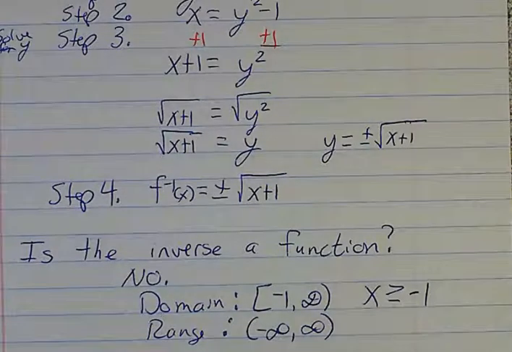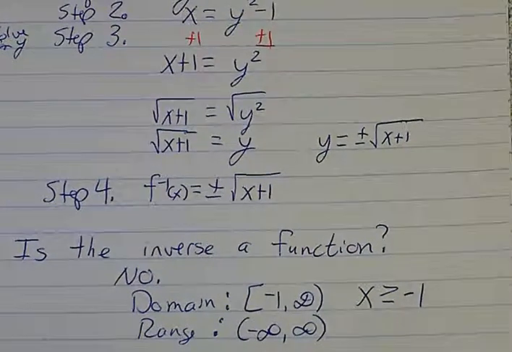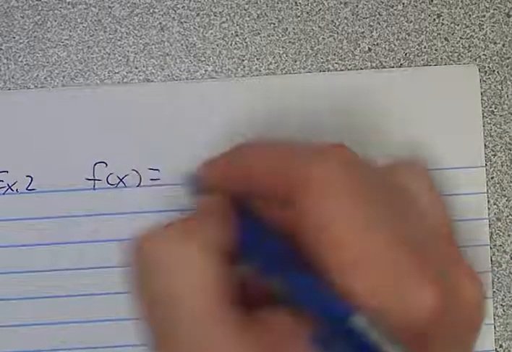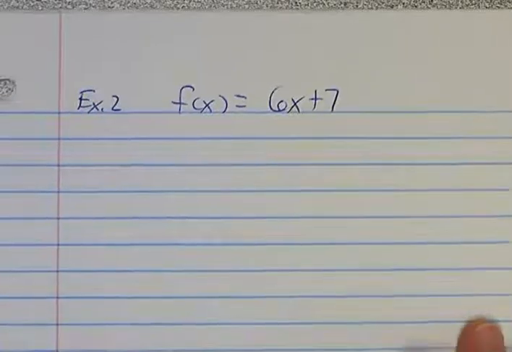Let me give you another one here where we're going to go through and do the setup for finding the inverse. Let's go f of x is 6x plus 7.